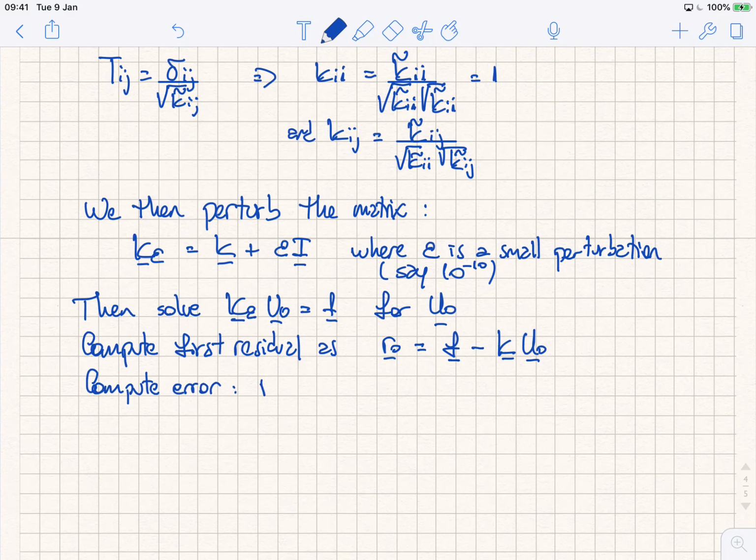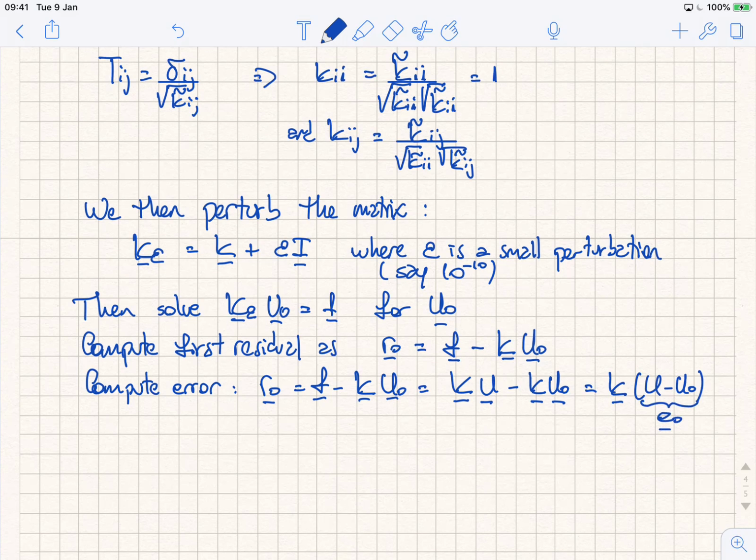So if you look at the residual, we say, well, R naught is equal to f minus k u naught, which is equal to k u, which is the exact solution, right? That's my value of the force, minus k u naught, which is equal to k times u minus u naught, and this I call my first error, right?